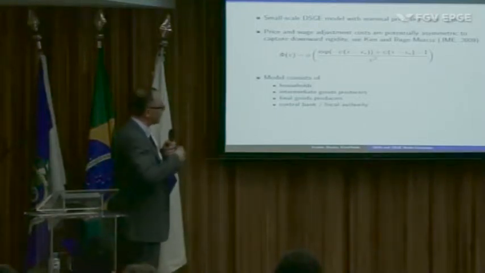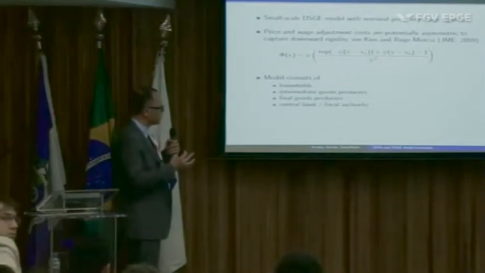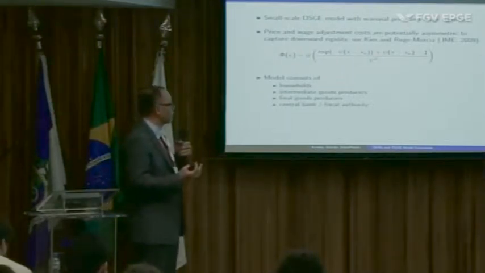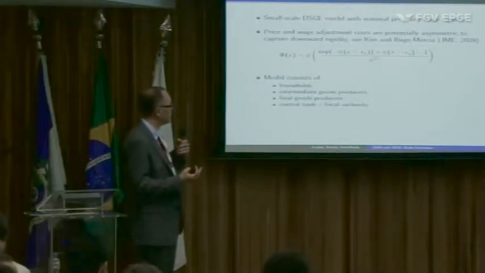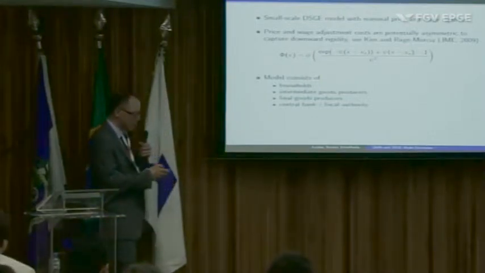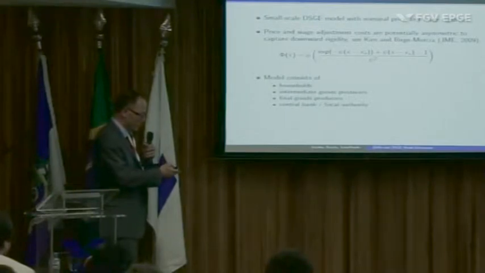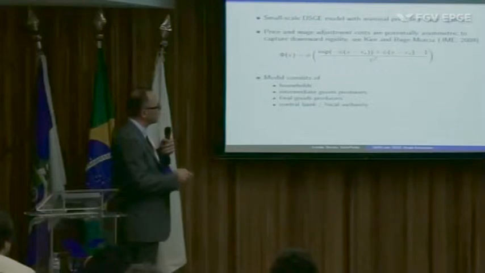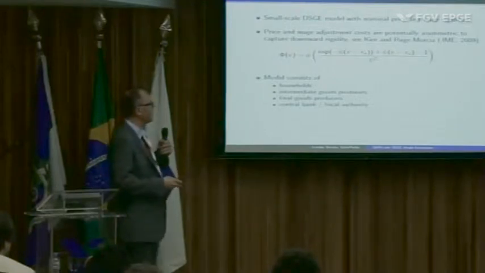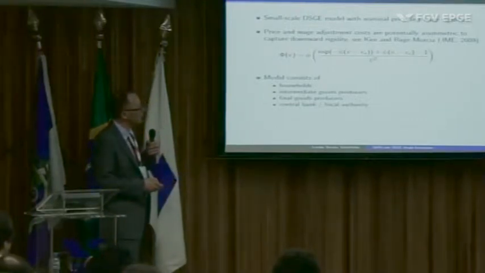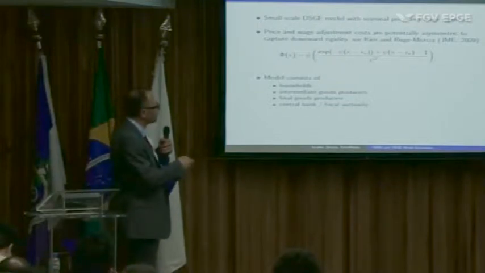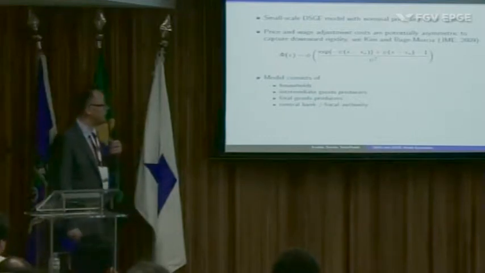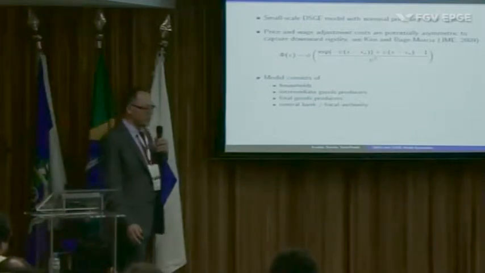At the same time, they generate some cross-coefficient restrictions in these nonlinearities, so it's not as obvious as from our first experiment what comes out of the empirical analysis. So the most important equation then is this adjustment cost function here. Think of x as either prices or wages, and I'll show you a picture of this function in a couple of slides.